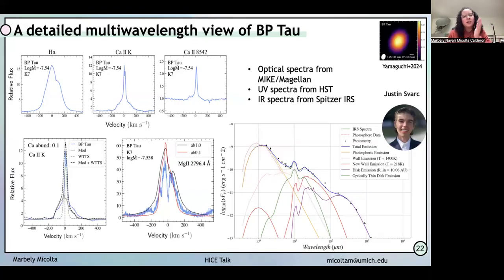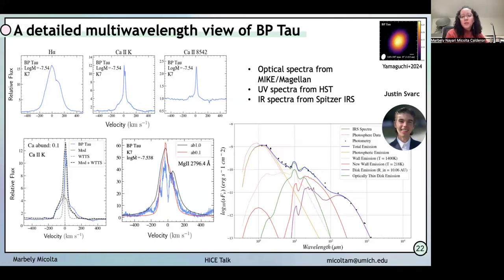More interestingly, we need different compositions of dust for the outer and inner parts, depending on the gap, which I think is very interesting work. We need more crystalline processed dust further out to reproduce the 20 micron dust, but the 10 micron dust is more amorphous and more pristine.